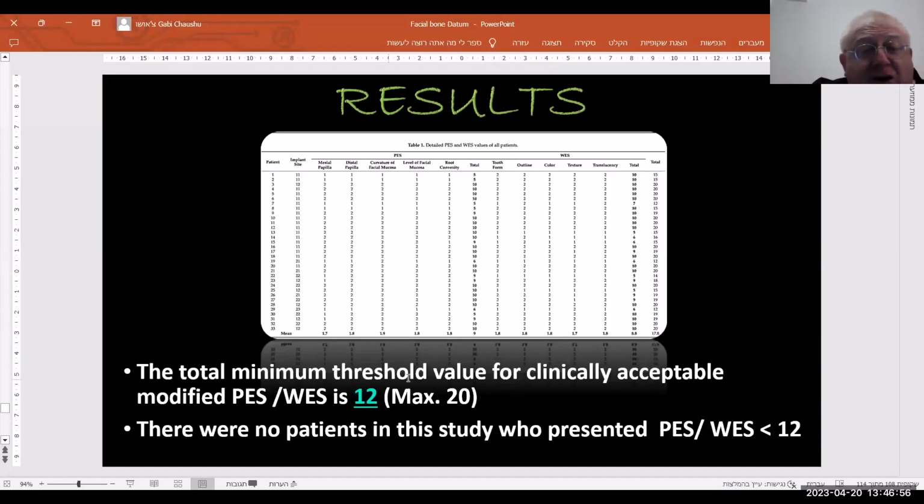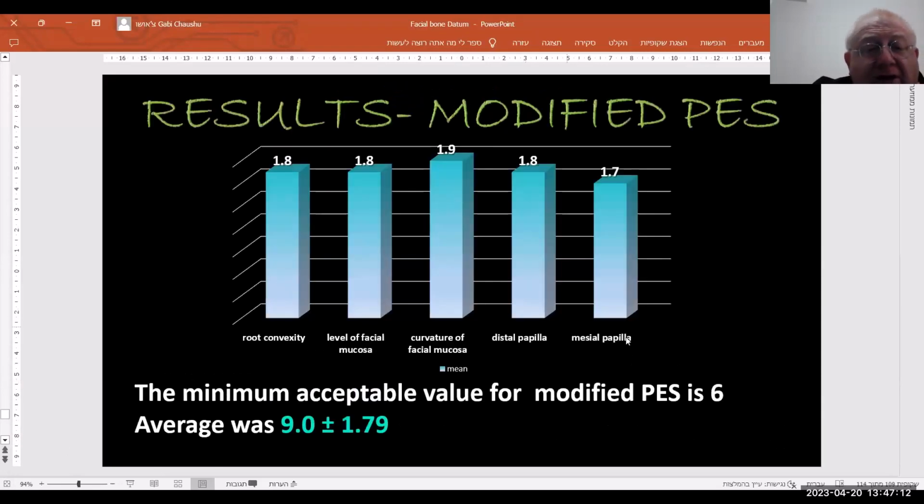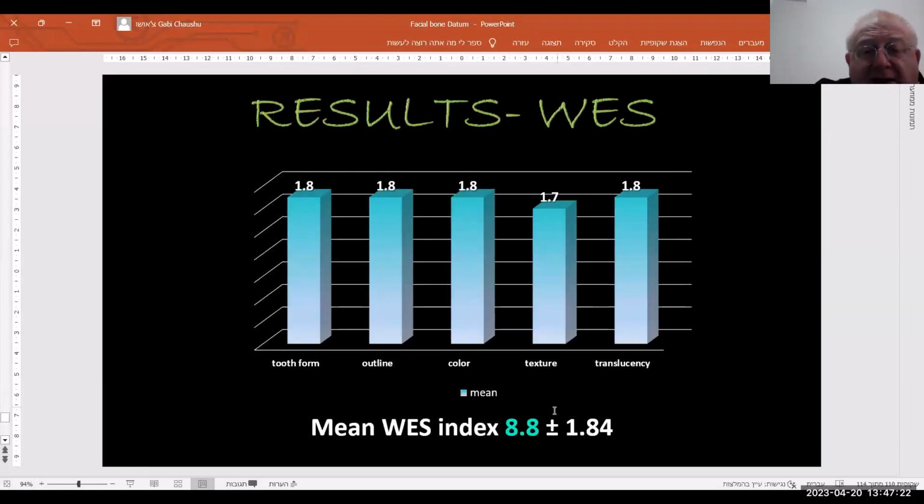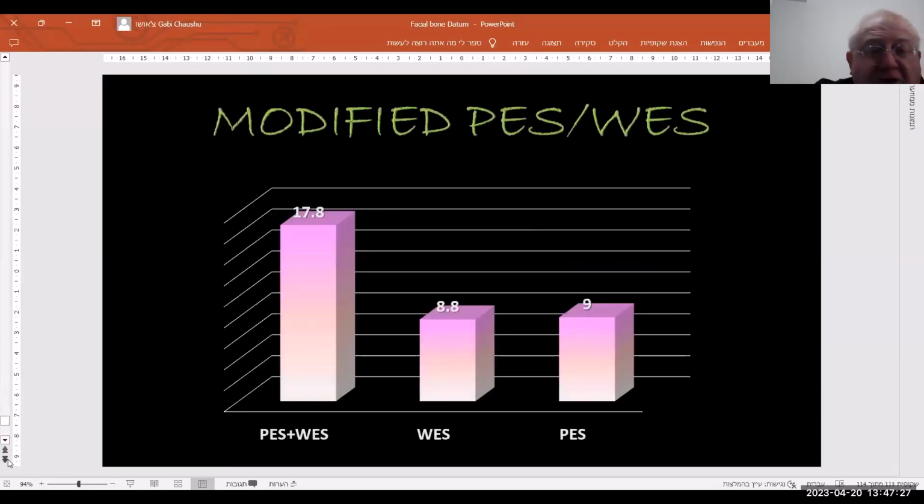We know that the total minimum threshold for a clinically acceptable result is 12. And as you see in this table, there were no patients that presented modified PES-West which was lower than 12. If we look at the PES, the minimum acceptable is 6. The average was very high, 9. If we look at the West, again, the mean was also very high, 8.8.